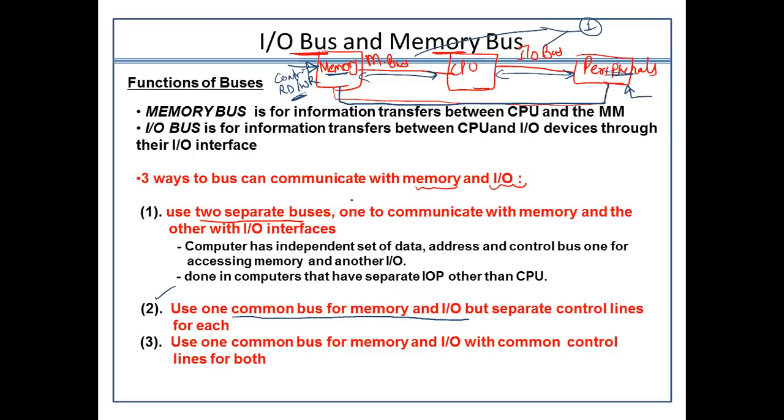We use one common bus line and the control lines differ. On this common line we can have the data and address pins the same for both peripherals and memory.